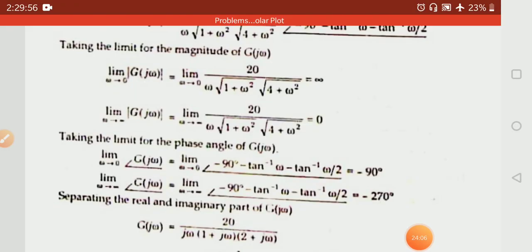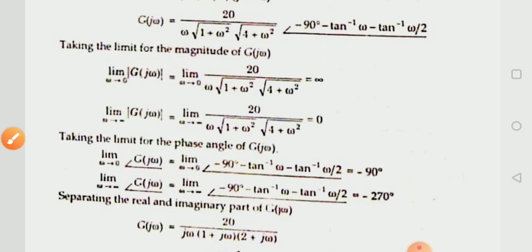So when we put omega equal to 0 here, these two terms become 0, and the angle is minus 90. When we put infinity here, tan inverse infinity is 90 degree and tan inverse infinity is 90 degree. So here the angle is minus 90 minus 90 minus 90, which is minus 270 degree.